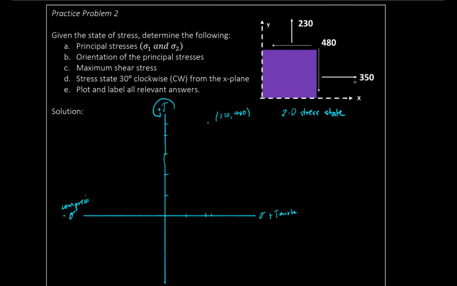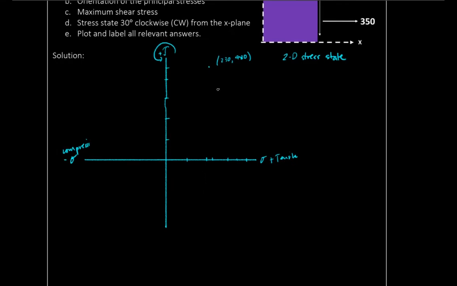Now let's do the other direction. This is also a positive value, so that's positive 350. If this is 300, then 350 is somewhere here. This is 400. So 350, and this is 480 moving in the clockwise direction. Therefore, it's a negative value now. So I'll move by the same amount.